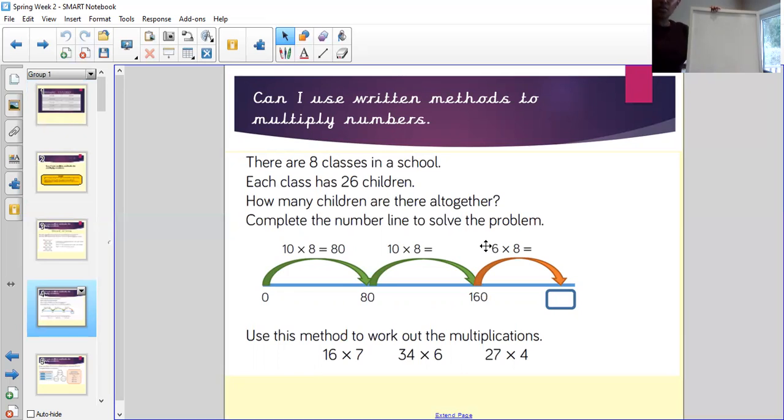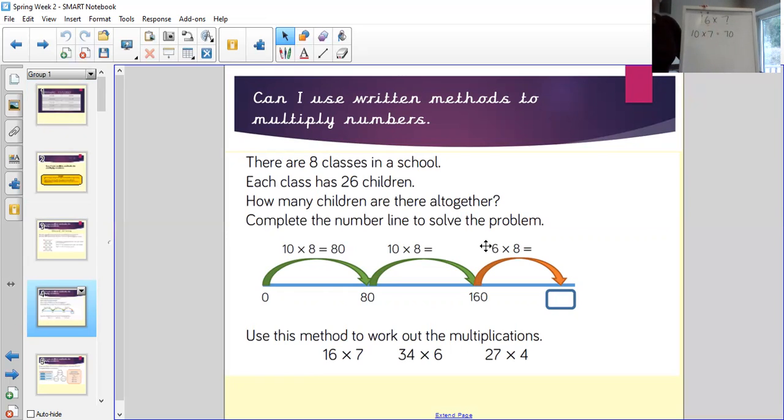Okay, guys, so let's go through what you should have already now completed. Let's see what we have. So the first question is asking me to do 16 times 7. So again, I'm going to split my tens and my units up. So I've got 1 ten and I've got 6 ones. So I know I'm going to do 10 because there's 1 ten. 10 times 7, which equals 70.